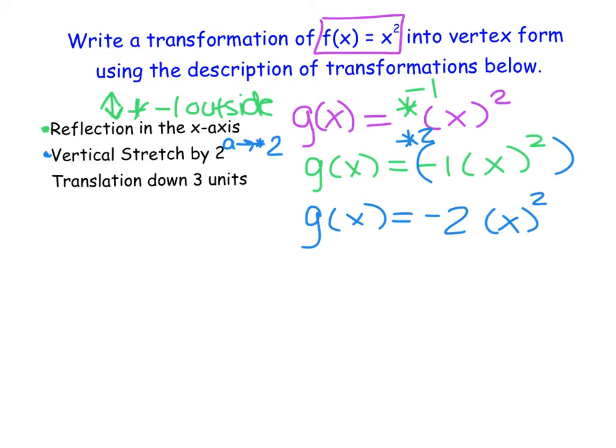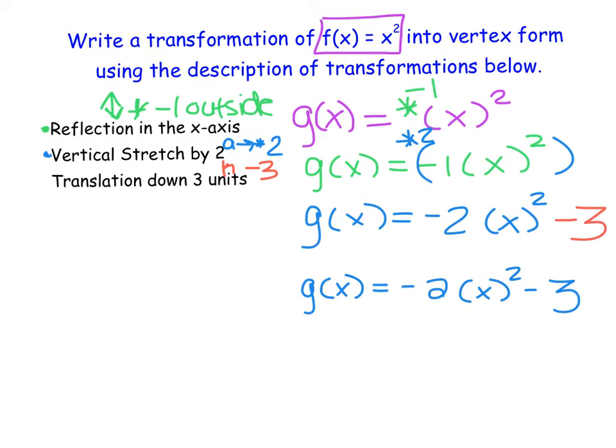The next one we're going to look at is a translation down 3. That's my k value, so I'm going to subtract 3 from the outside here. And as a result here, I have g of x is equal to -2 x squared minus 3.